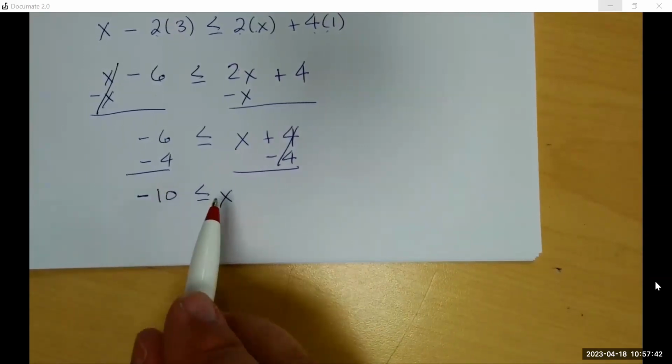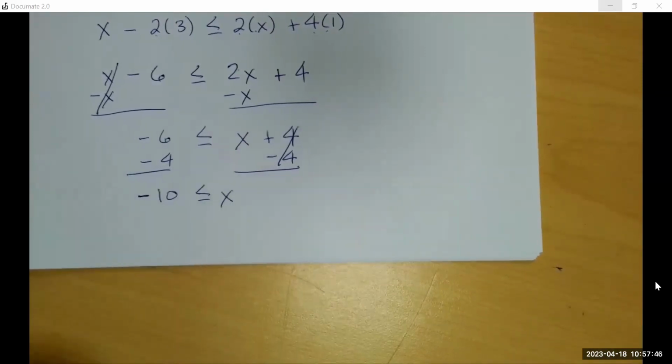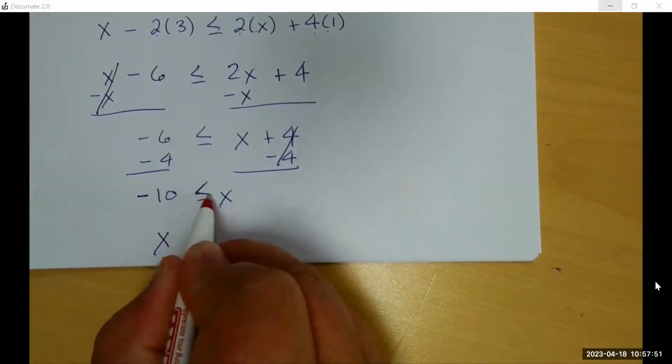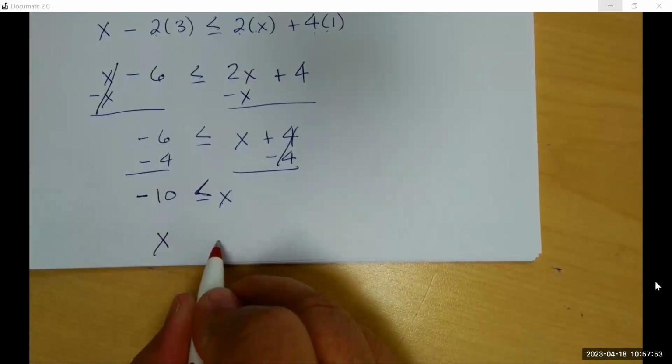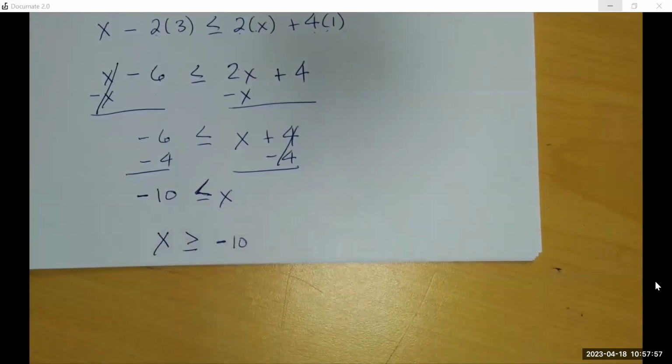This is the answer, but it looks different. So if we're going to move the x to the other side, flip the whole inequality. So the arrow points to the 10, or the negative 10. So the arrow points to the negative 10. If you're going to flip it, flip everything.